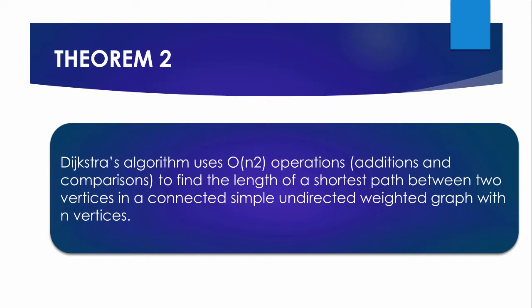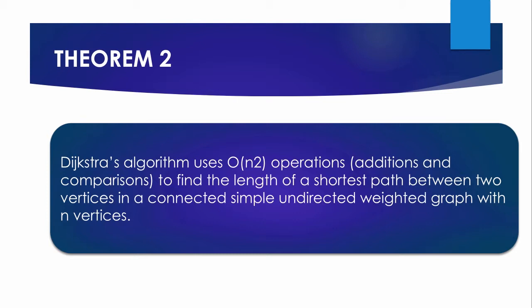It follows that no more than 2(n-1) operations are used at each iteration, because there are no more than n-1 labels to update at each iteration. Because we use no more than n-1 iterations, each using no more than 2(n-1) operations, we have theorem 2.